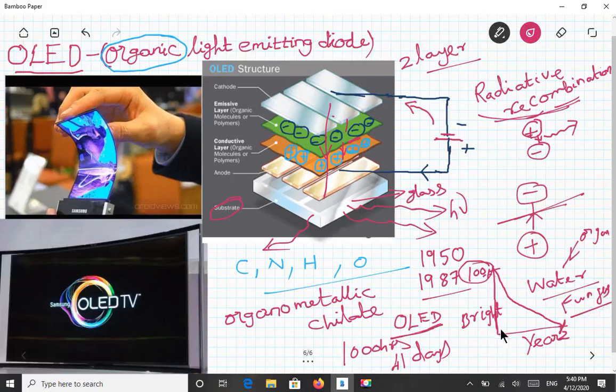So there are two biggest disadvantages. OLED brightness will wear out and you cannot repair it. And another disadvantage is that it is not resistant to water. That means if you spill some water or anything accidentally on those screens, it will get affected due to the fungus formation. So these are the disadvantages.